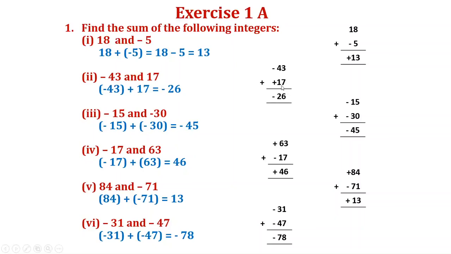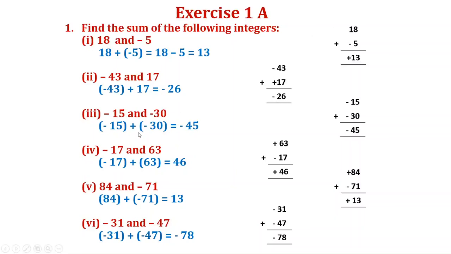Rule 2 is first subtract the smaller number from the bigger number. So subtract 17 from 43, irrespective of the signs. So it is 26. After getting the answer, put the sign which is in front of the bigger number. The sign in front of the bigger number is minus, so you should write minus 26.